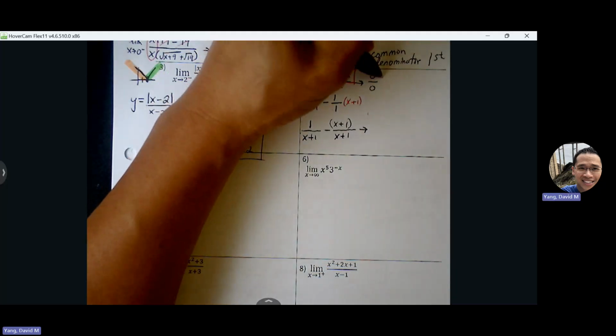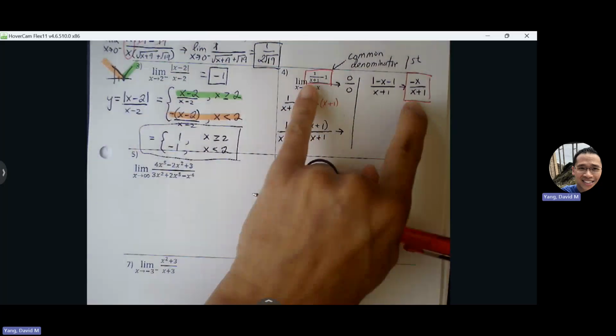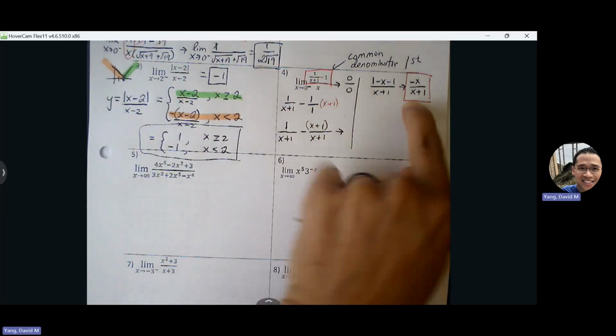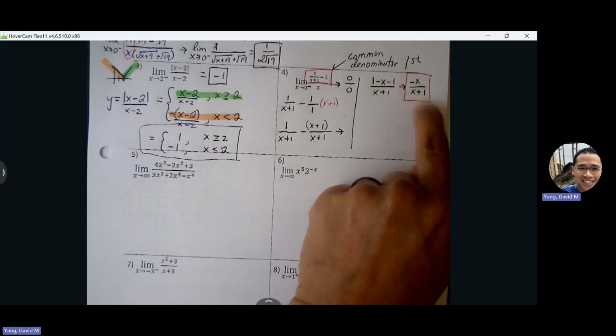Let's merge them into the same fraction. I get 1 minus x minus 1 all over x plus 1, which is negative x over x plus 1. So this is now the updated version of this 1 over x plus 1 minus 1. This is going to be the more helpful version for us.